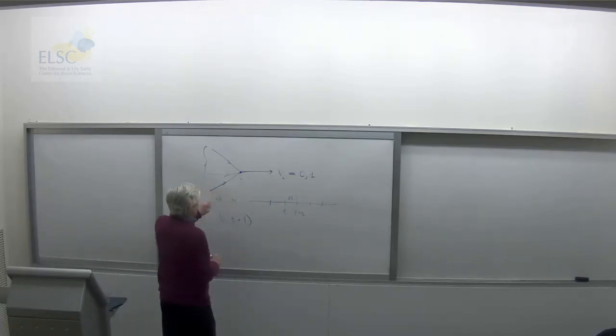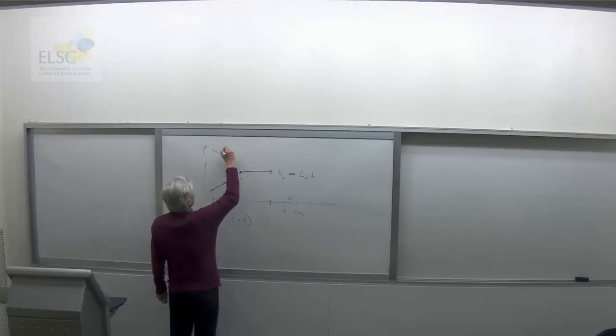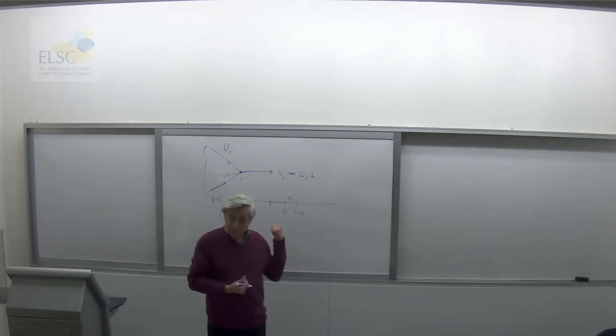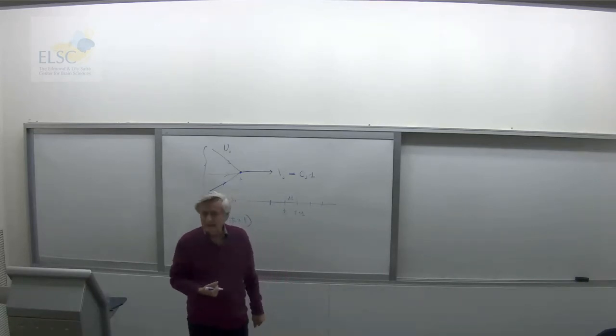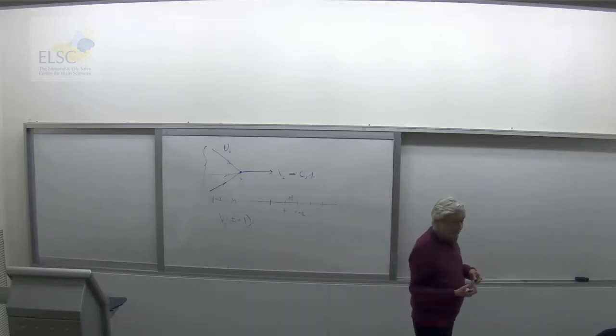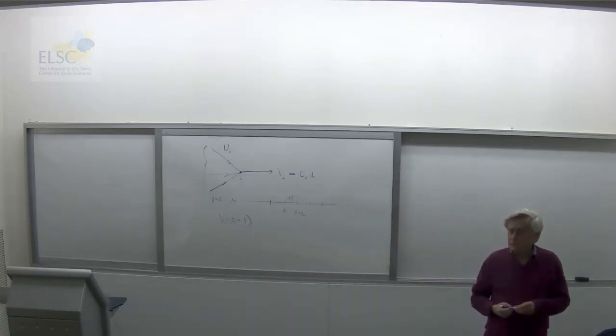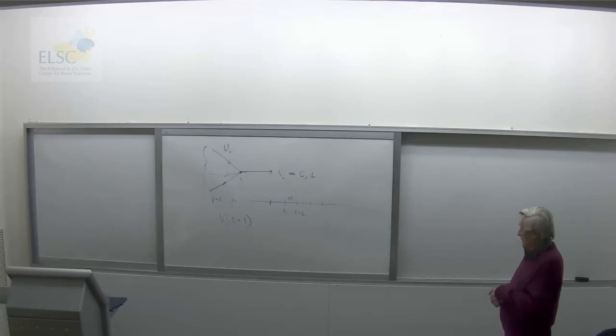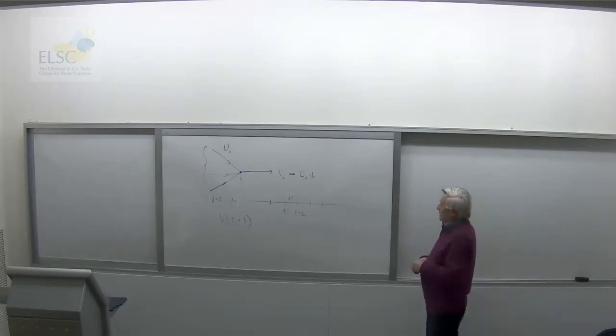So that input we denote by U. U_i will be the input to neuron i. V_i is the output of neuron i. That input could be the current injected to the neuron, if you want to relate to the actual biophysical quantities.